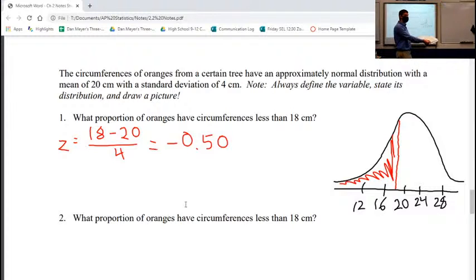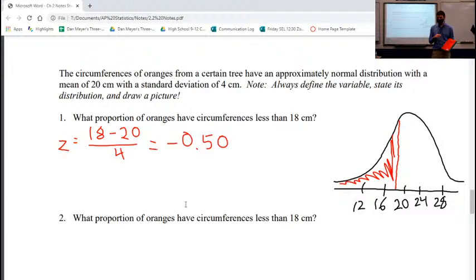And it should say Table A, Standard Normal Probabilities. There's 2 pages of it. And so this will give you all the proportions to the nearest hundredth of these values.